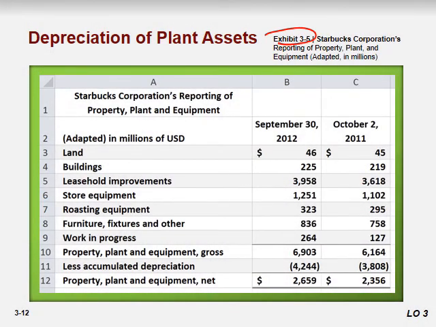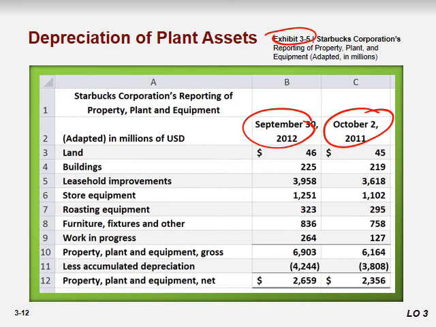So this Exhibit 3.5 shows how Starbucks Corporation reports property, plant and equipment in its September 30th, 2012 report and October 2nd, 2011 report.